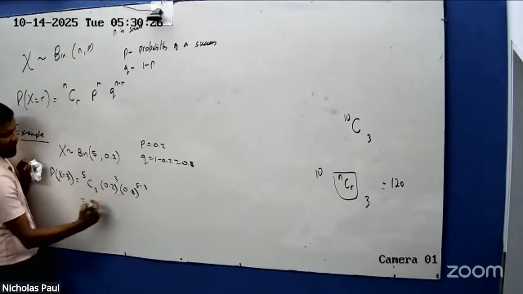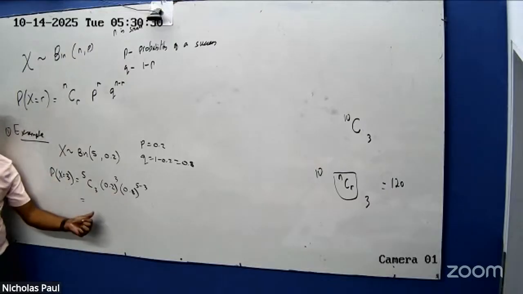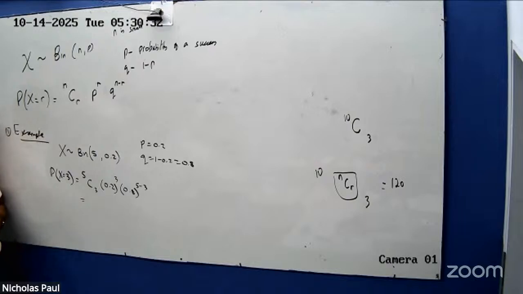Go in the calculator and work this out. Remember, it's a probability, so it should be between 0 and 1. What do you get in the calculator?